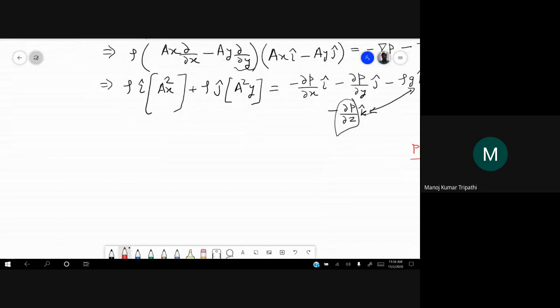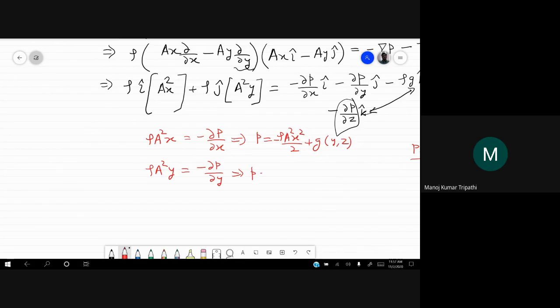Now let us write it for I and j directions. Okay, now you can integrate them, and from here you will get pressure, this function of x, plus some function of y and z, and from here x and z.